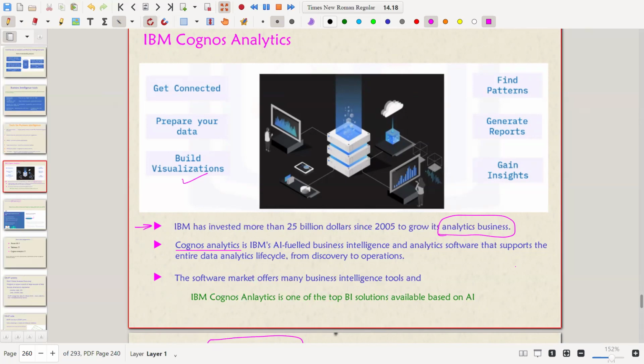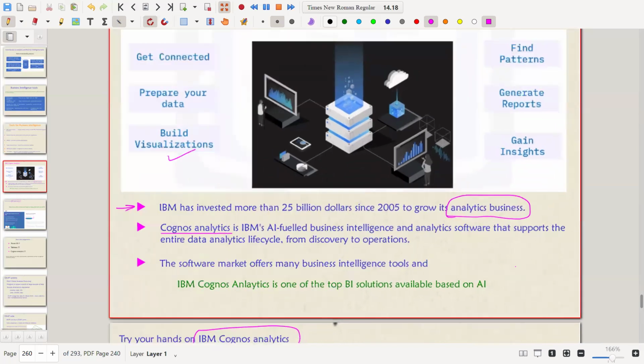I hope you remember during the first week of our course, the data analytics lifecycle, a flow chart, a closed loop. The software market offers many business intelligence tools, and IBM Cognos Analytics is one of the top BI solutions available based on AI. I suggest you try your hands on Cognos Analytics.